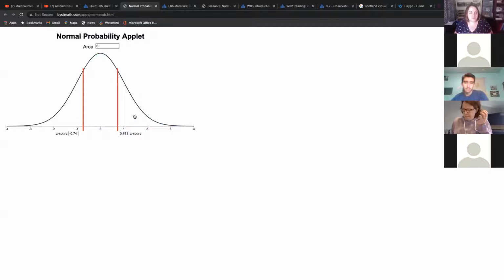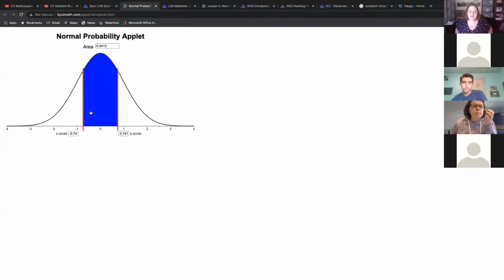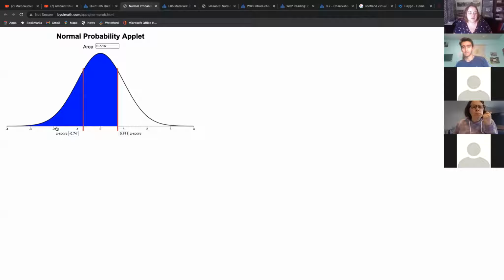Yeah, that's the Z, the Z-score. So is it all of it again, or is it just the left like the first time? It's the middle and the left this time. Okay, middle and left. Yes. 0.771.